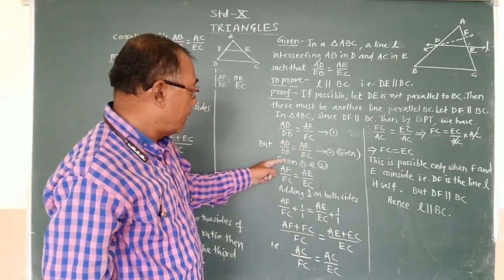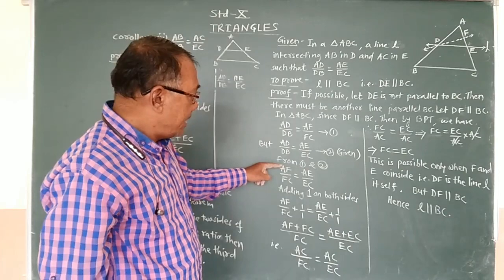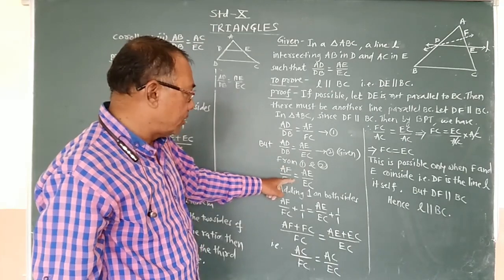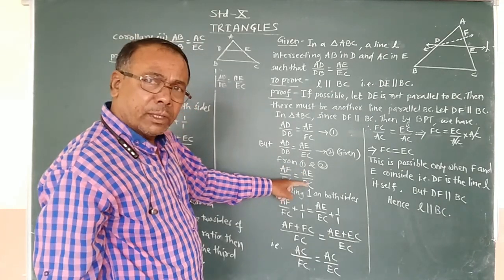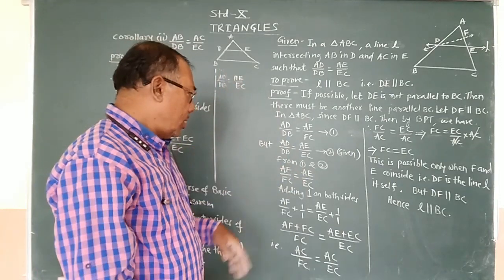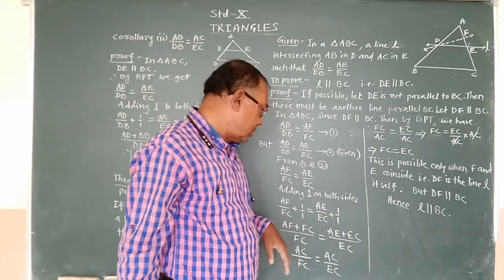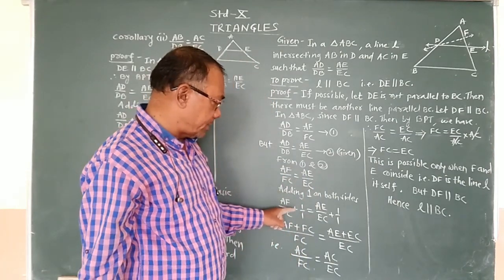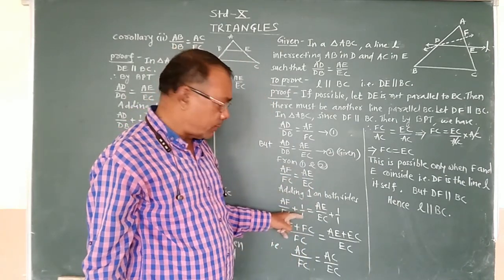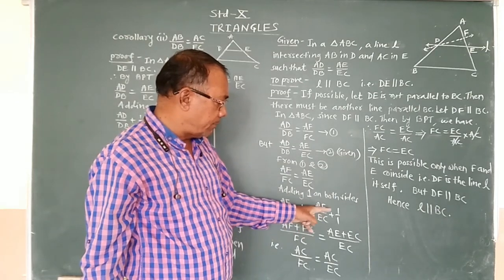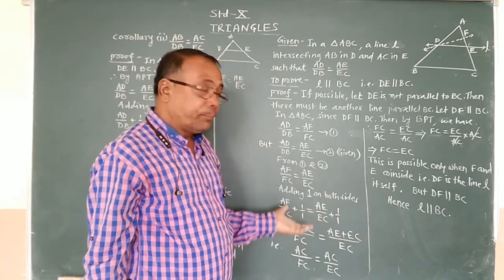Means we can write AF upon FC is equal to AE upon EC. And now adding 1 on both the sides of our equation, we will get AF upon FC plus 1 upon 1 is equal to AE upon EC plus 1 upon 1 again.